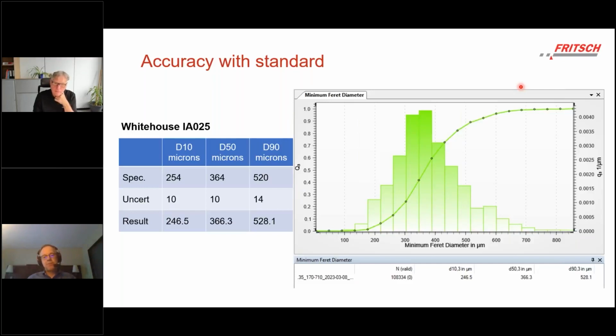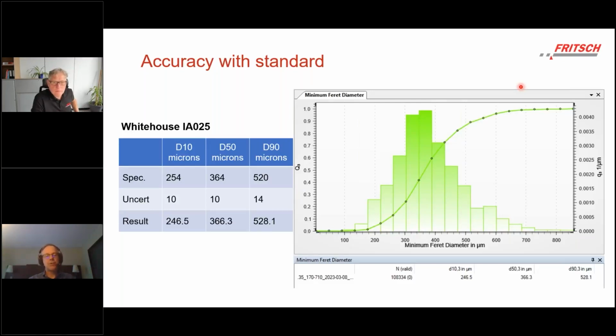I wouldn't worry about that too much, because the next problem is whether you measure enough particles. For example, with this Whitehouse standard, I think we measured 100,000 particles. If I measured 1 particle from that standard, even with the best, craziest instrument possible, I would not get the right values for D10, D50, D90.